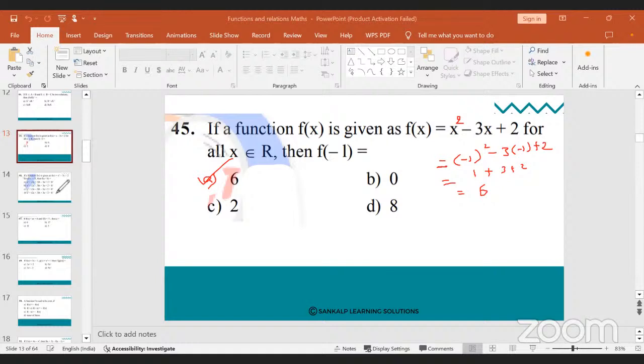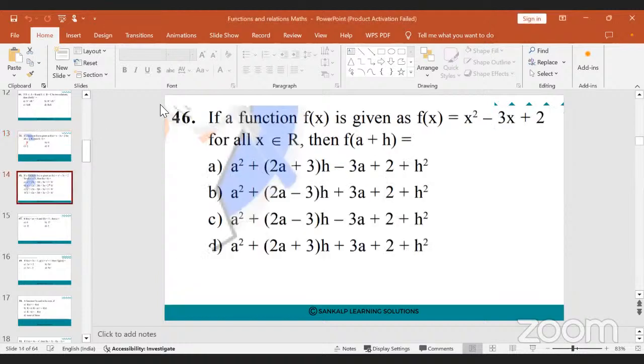Next question. It is on the screen. If a function f of x is given as f of x is x square minus 3x plus 2, again the same, for all x belongs to R, then f of a plus h is what?